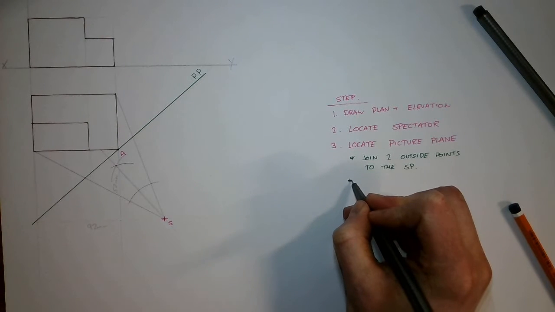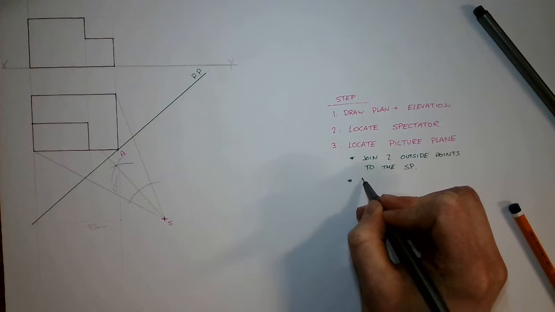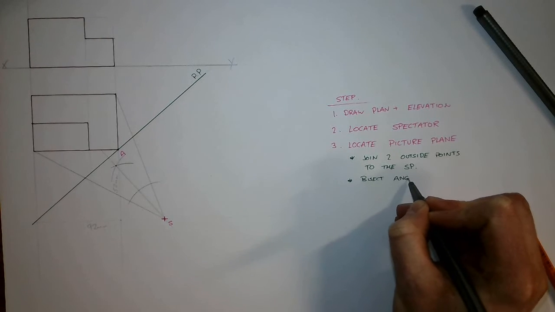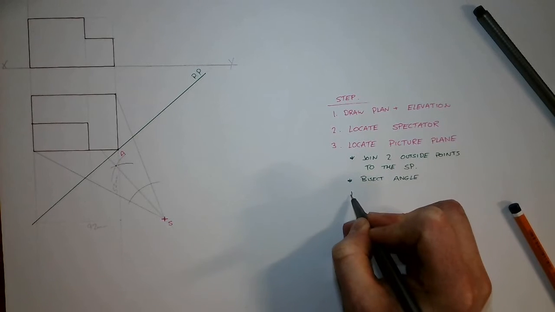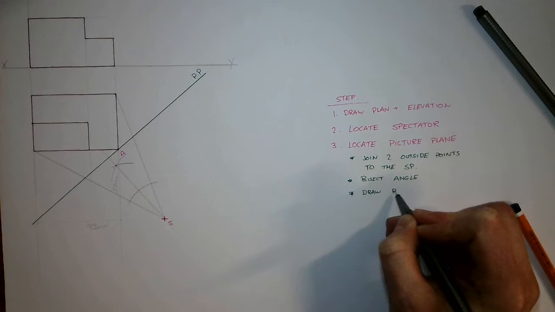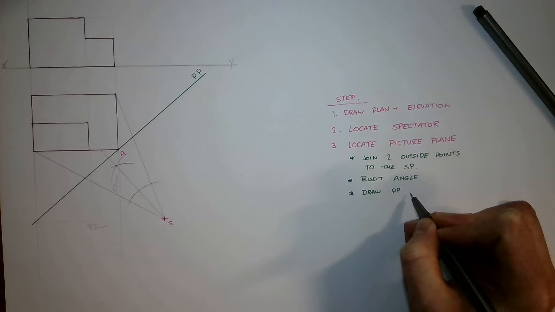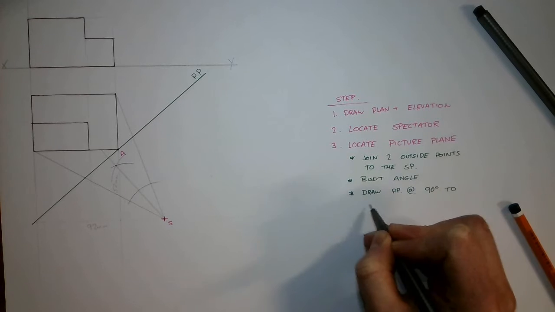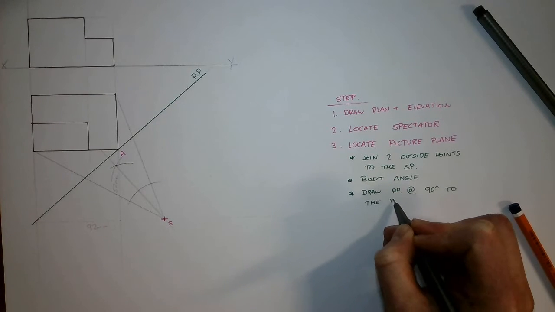The second step then is to bisect the angle. Again, that's first year TG. And the final one is to draw PP as picture plane at 90 degrees to the bisector angle.